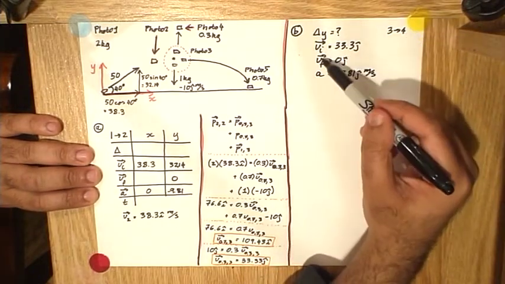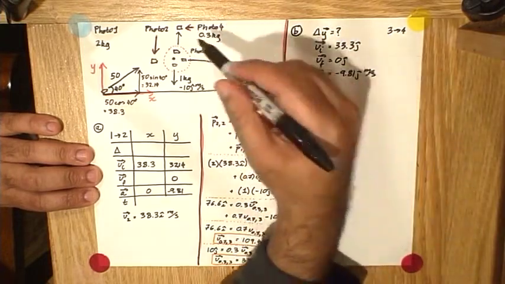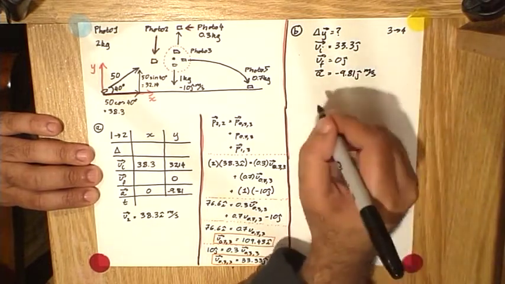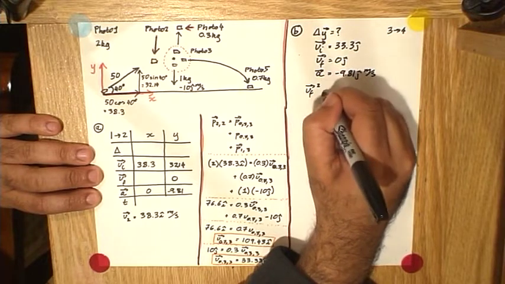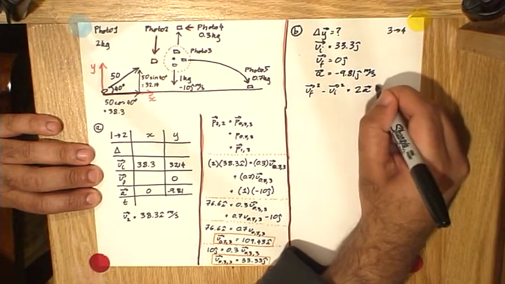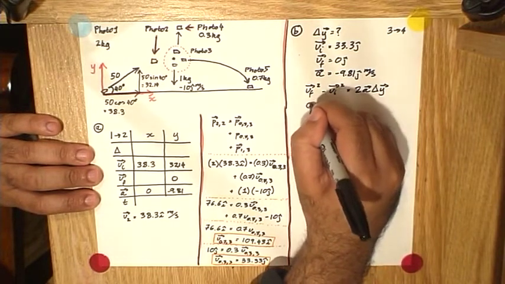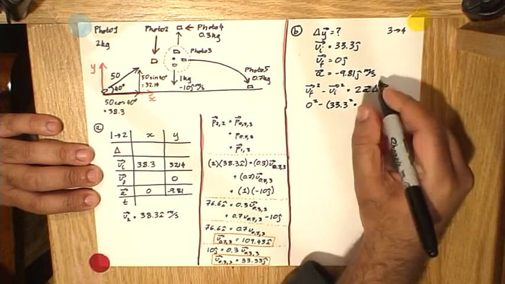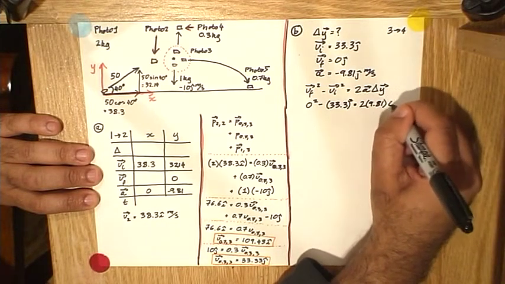So we have two velocities, an acceleration, and we're looking for a displacement. We're looking for how high the fragment travels. There's only one equation that weaves together all four of these quantities, and that's toolbox equation number 4. V final squared minus V initial squared is equal to 2 times acceleration times delta y. Plug in everything that we know. V final squared, 0 squared minus 33.3 squared is equal to 2 times 9.81 times delta y.